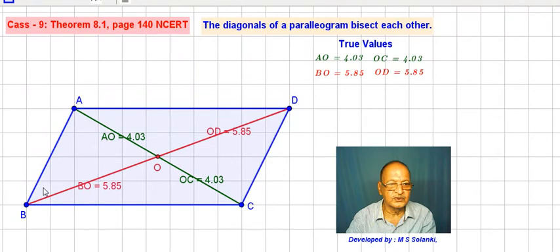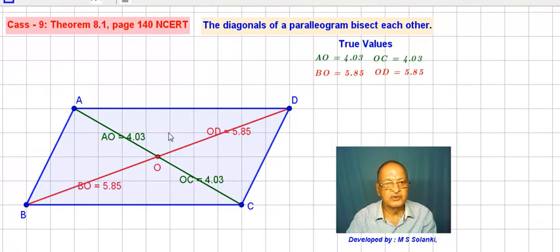This angle is equal to this angle, and this side is equal to this side, not common but equal, because they are a pair of opposite sides of a parallelogram. So you can prove all three angles are equal and one of the sides is equal. So you can prove by the ASA congruency rule that these two triangles are congruent.